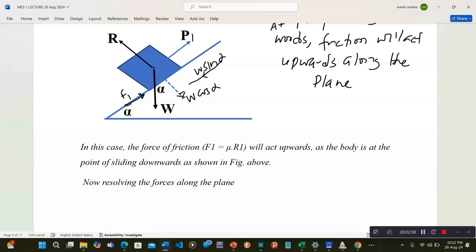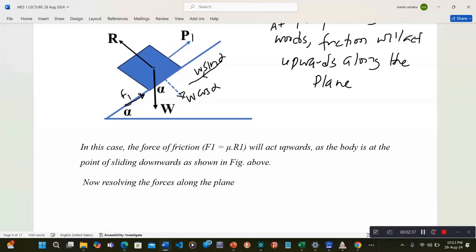Then the surface where this weight is resting is going to react with an upward force that we are calling the reaction. But since we are talking about the inclined plane, this force R is always going to be perpendicular to where the body is lying. So resolving directly along the line of action of R, we get the component of W, which is W cos alpha.